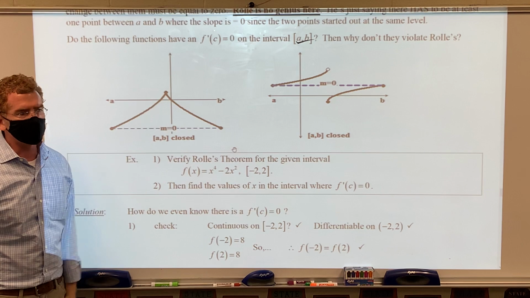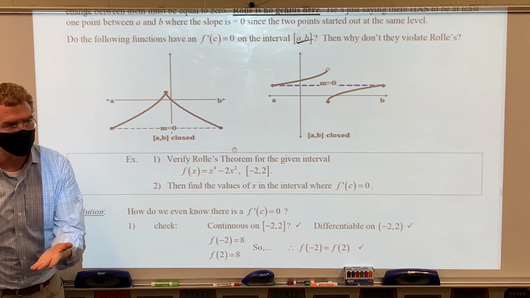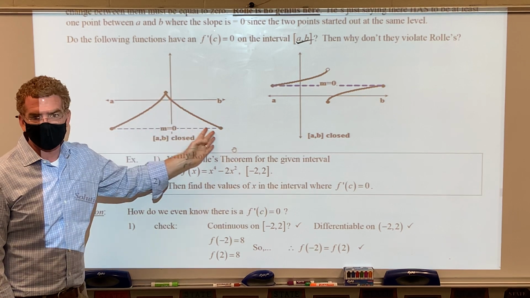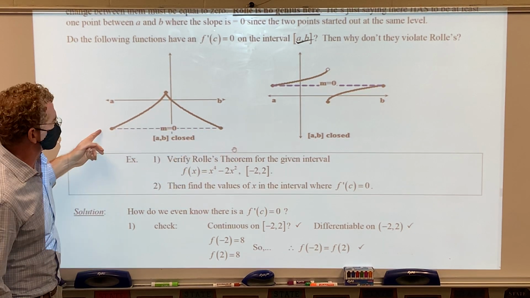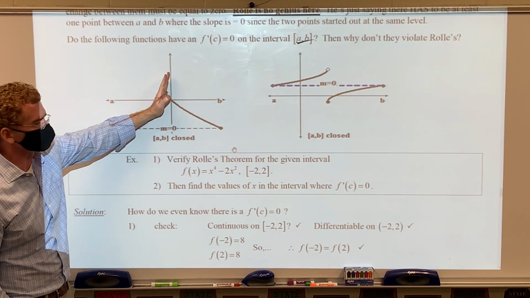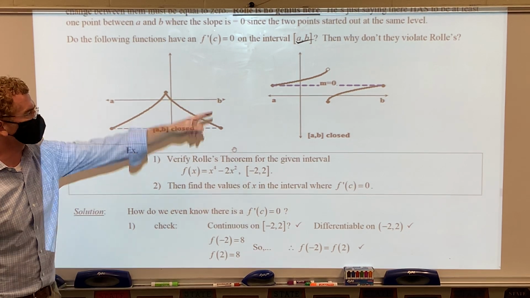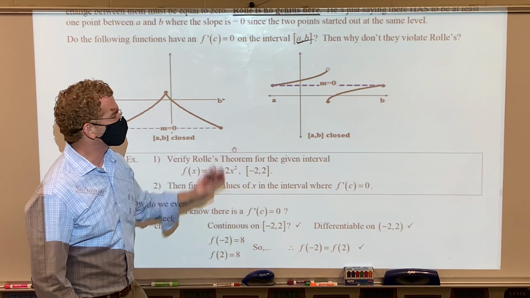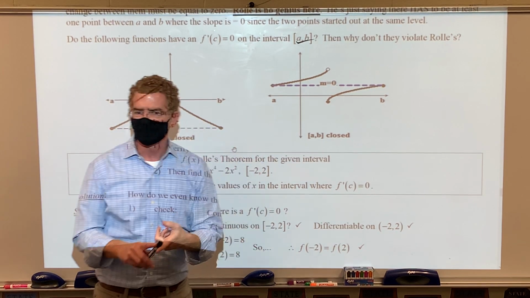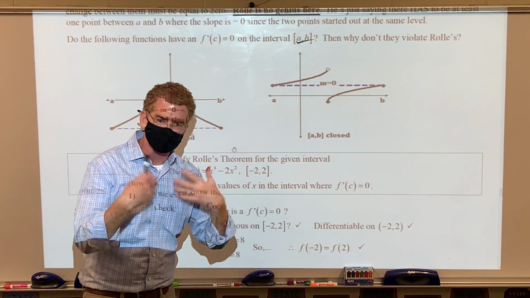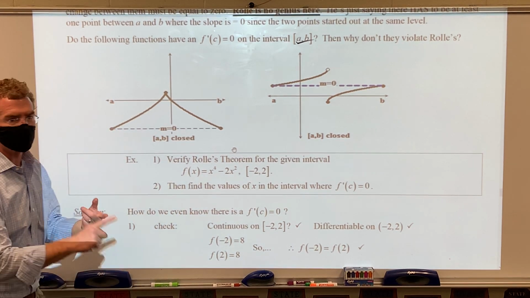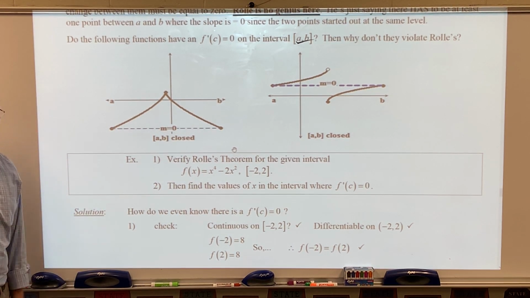Why doesn't Rolle's theorem hold here? Because it also would have to be differentiable on the open interval, and it's not differentiable because there's either a corner or a cusp there, depending on how steep that gets. What about this one? It's not even continuous, right? So if any one of those rules breaks, Rolle's theorem or mean value theorem gets tossed out, right? But it will hold if the conditions are met, all right?